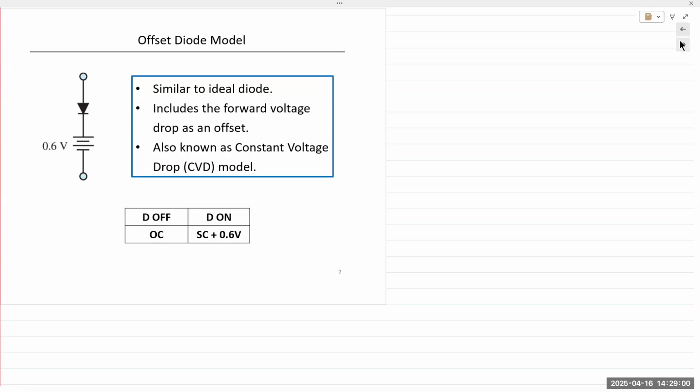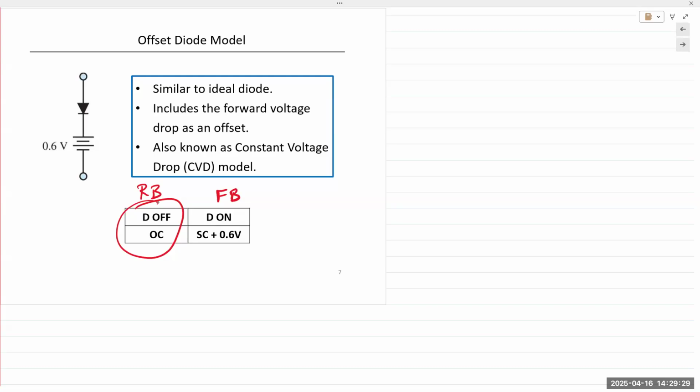The diode is off when it's reverse bias, and when it's forward bias, the diode is on. But the offset diode takes into account that it takes about 0.6 to 0.7 volts to turn it on. And once it turns on, it's going to hold that voltage constant across its terminals.